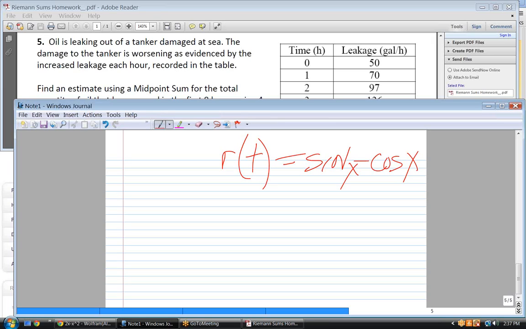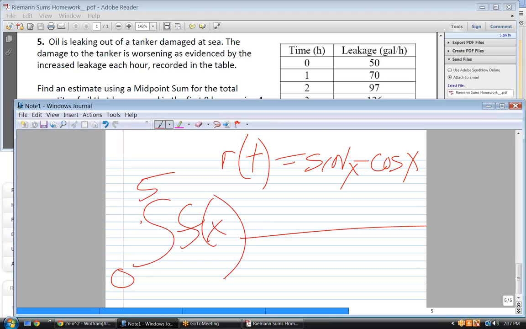So if I said, how much total sand has been pumped onto the beach in the first 5 hours, I'm going to integrate that function from 0 to 5, and that will tell me the total amount of sand that's been deposited on the beach.